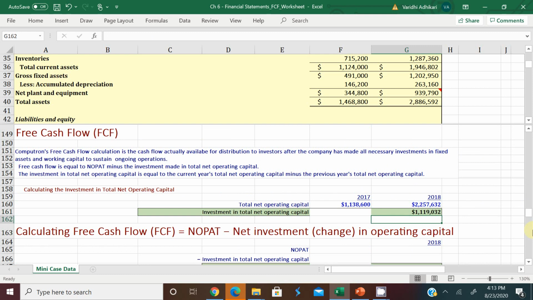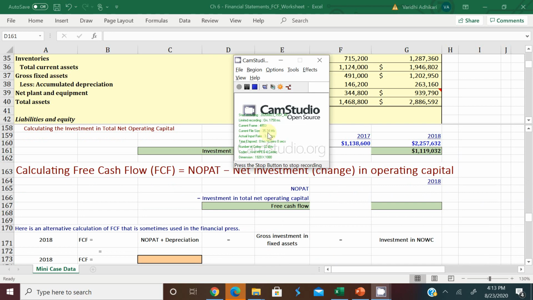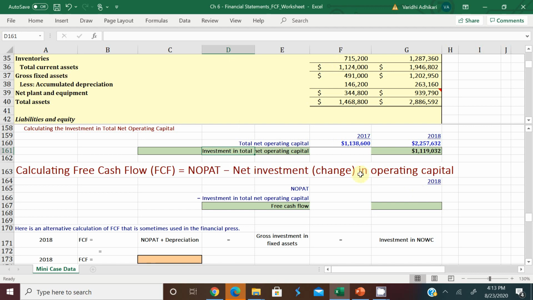Okay. Now we have pretty much all the inputs to calculate free cash flow. So free cash flow, again, is nothing but net operating profit after tax minus net investment in operating capital. All right, both working and fixed. And we can do it only for 1 year.